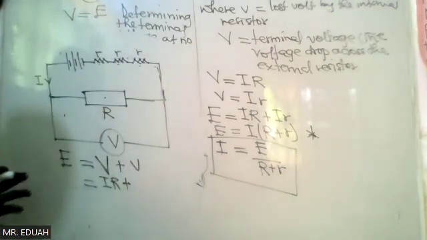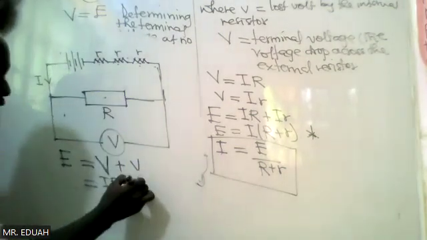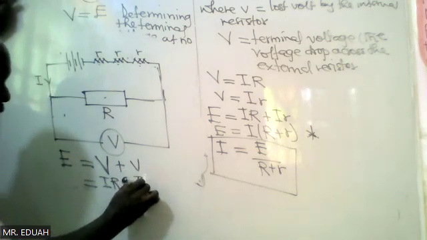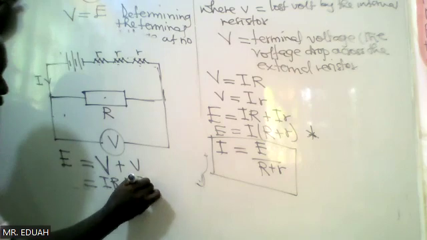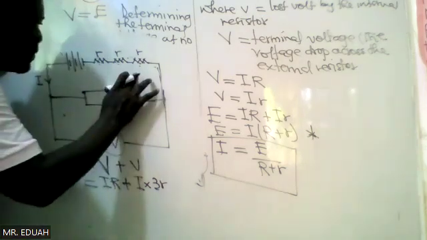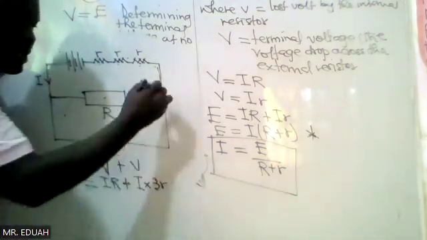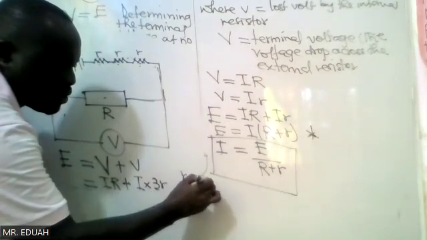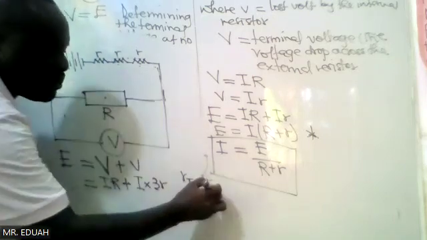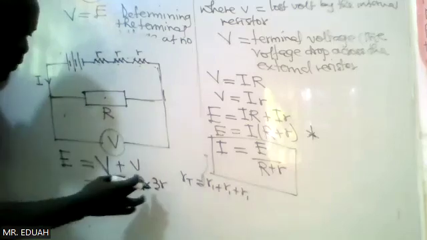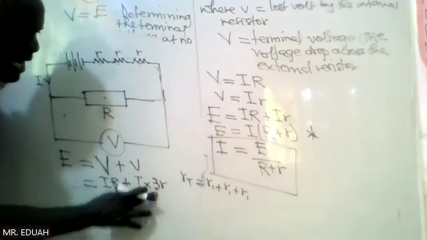Because I have three, this will be I times 3r. These are in series, and when resistors are in series, the total resistance RT would be equal to R1 plus R1 plus another R1. They have the same value, the reason for which I have 3r.